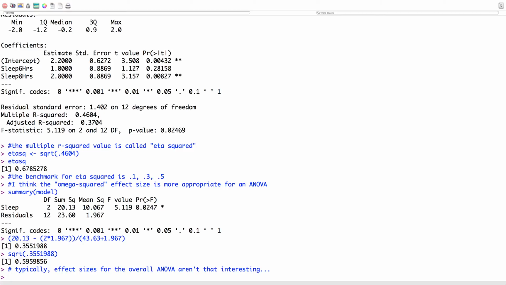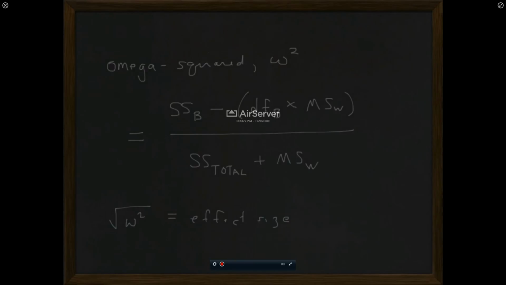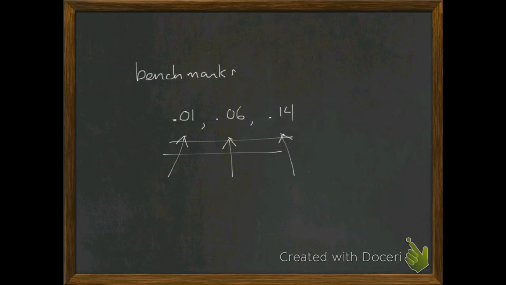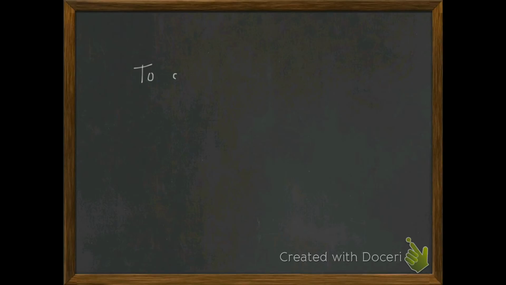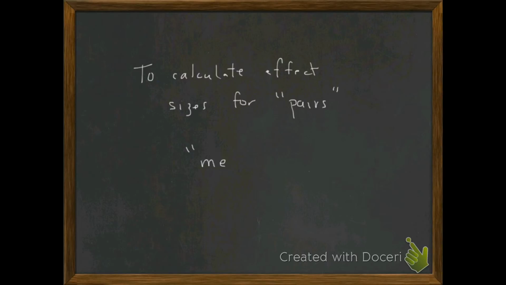Okay, gang, let me get back over. All right, so to calculate effect sizes for pairs, we're going to use what's called the MES command in R. And the MES command requires you to put in 6 things.